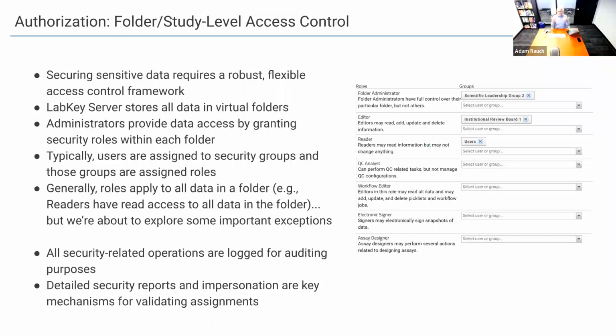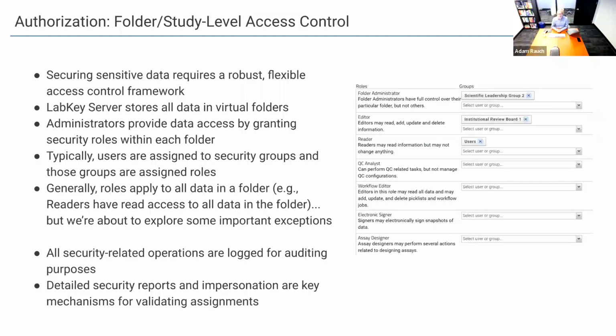So administrators assign roles to groups within a folder. And generally speaking, those role assignments apply to all data within a folder. So as an example, a reader will have read access to all of the data in a folder. That's the general rule.